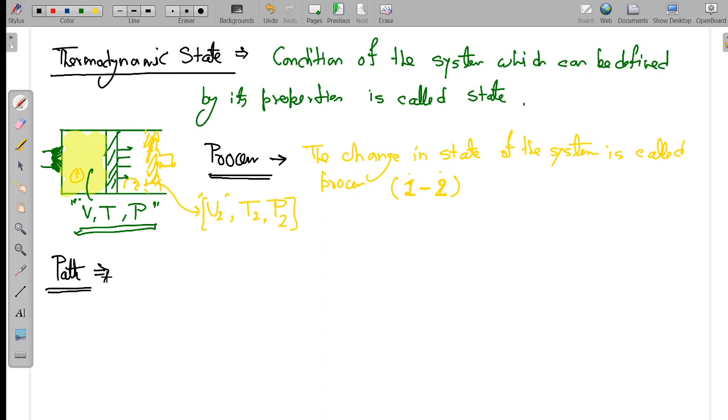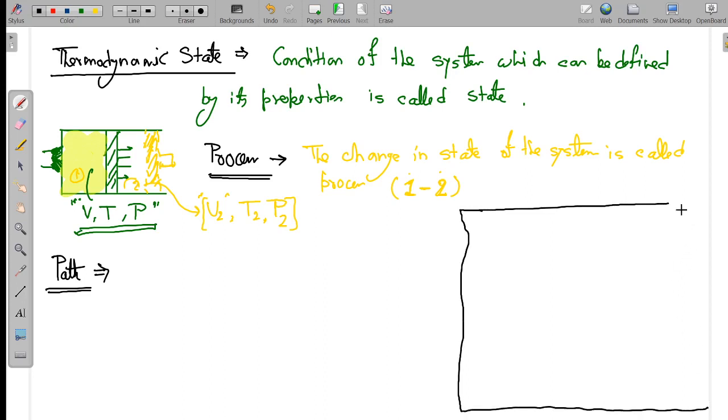Before discussing the path, let us take an example to have a clear idea about what we mean by state.